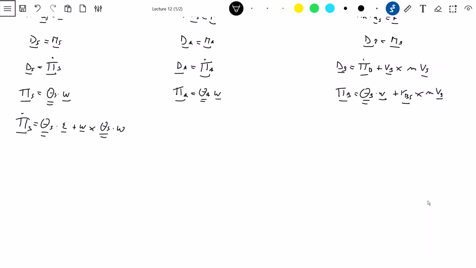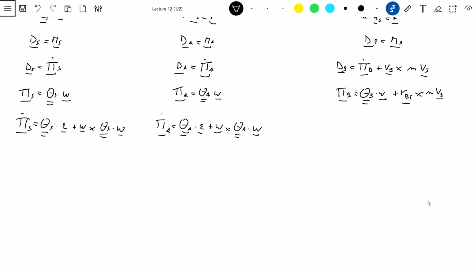Take care, this guy is pi S, while here the derivative of pi A, pi A dot, is a little bit more complicated. Here we obtain theta A times epsilon, same as we have here, plus omega cross product theta A times omega.